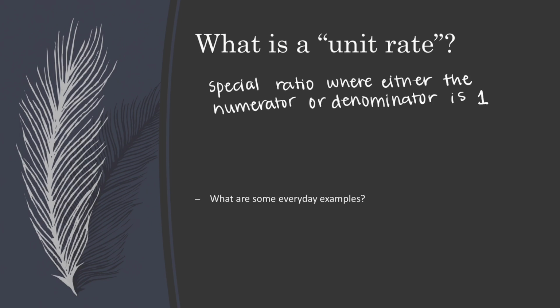Some everyday examples are miles per hour, MPH, or at the store dollars per pound or dollars per kilogram, or kilometers per hour, KPH. Another is words per minute, like your typing speed, where one of these items is 1.